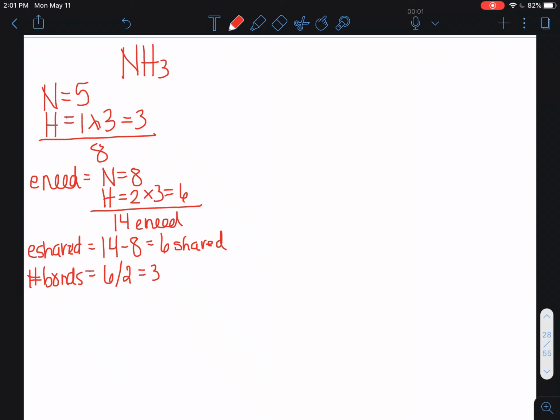Our central atom is nitrogen, so we're going to place our hydrogens around it, and then we place our 3 bonds. Since that's 3 bonds, that's 6 electrons, but we had 8 total. We have 2 more electrons to place, and the only place that they can go is on the nitrogen.